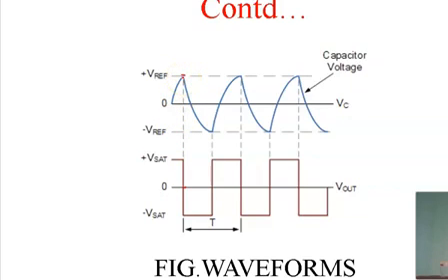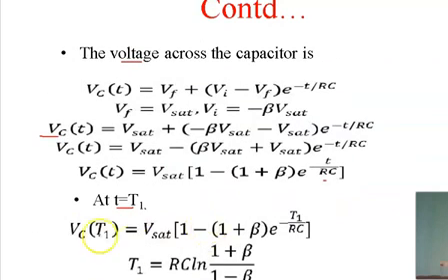It is plus V reference, and plus V reference is nothing but beta into V saturation. So at the first time instant, the voltage across the capacitor is the reference voltage, that is beta into V saturation. Now we are going to substitute that here.